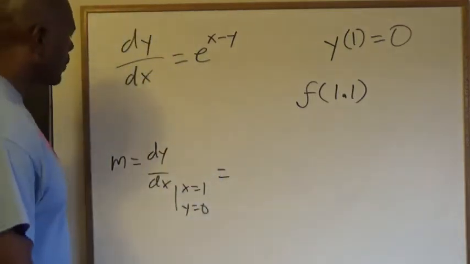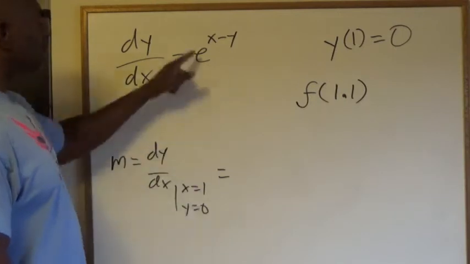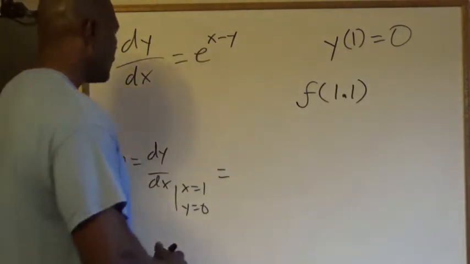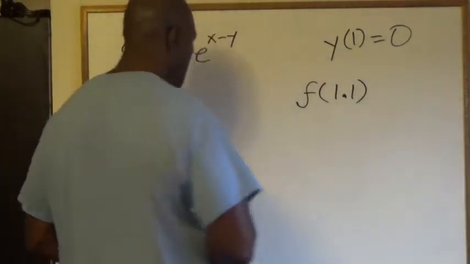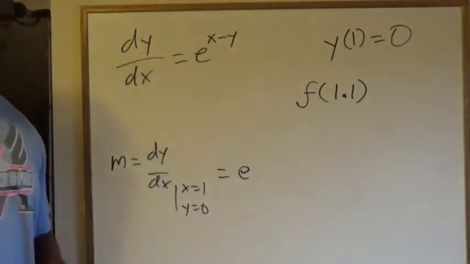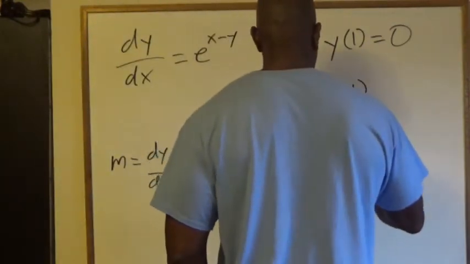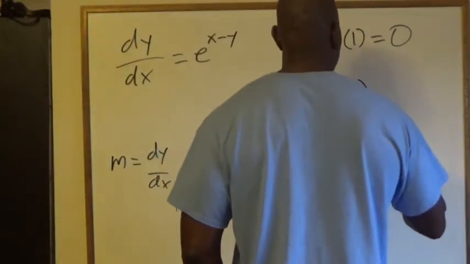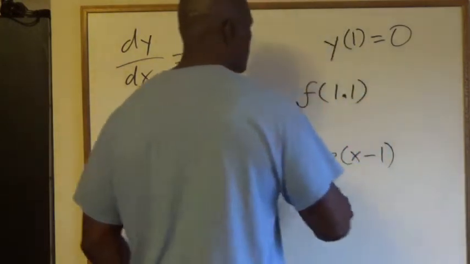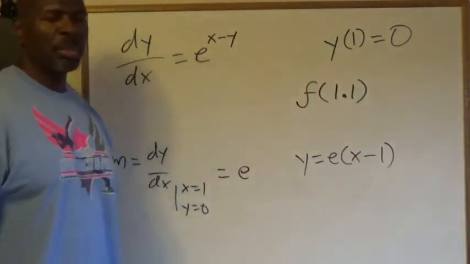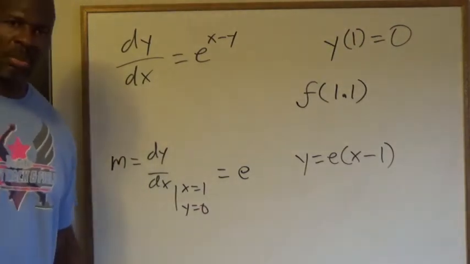So that would be e to the power of 1 minus 0, which is e to the power of 1, which is e. So my slope is e. So the equation of my tangent line then is y equals e times x minus 1, and then just that, because our y0 is 0, so you can put plus 0, but there's no real need to put plus 0.